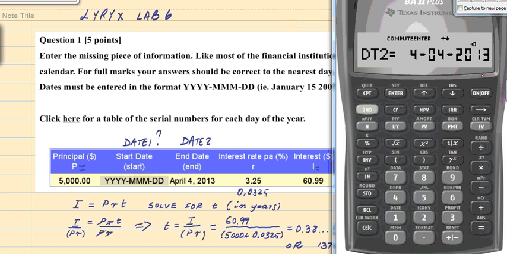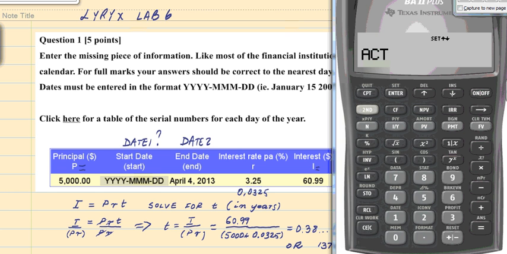So that's April 4, 2013, and then we scroll to number of days. DBT is 137, so we enter that, and then we scroll down to compute date 1.